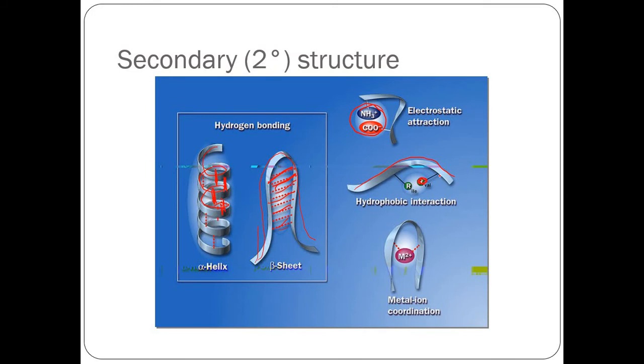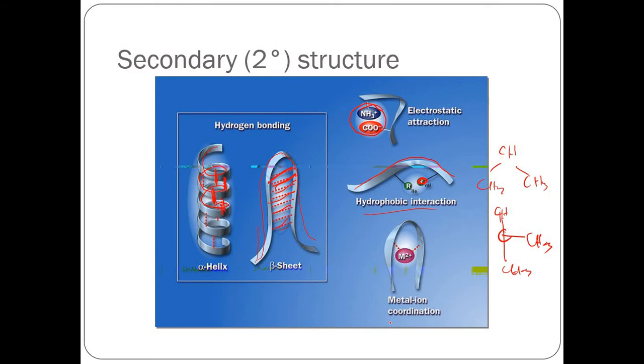The R group of valine is just CH, CH3, CH3, right? So in valine, you have this one, so this is hydrophobic. And if you have isoleucine here, then for isoleucine, it looks like that, right? So if you have isoleucine or valine, both of them are hydrophobic. That's why you also have hydrophobic attraction between the side chains.